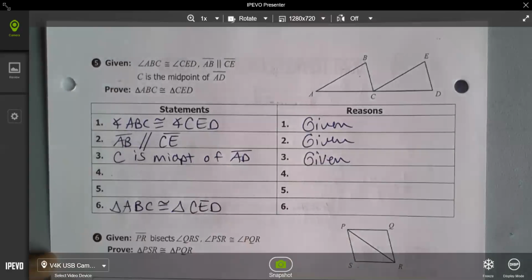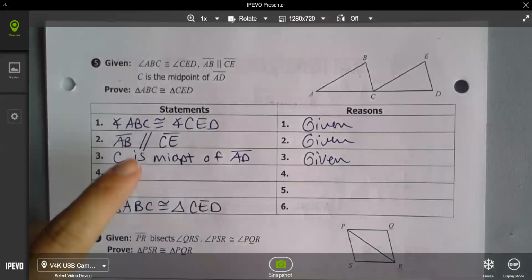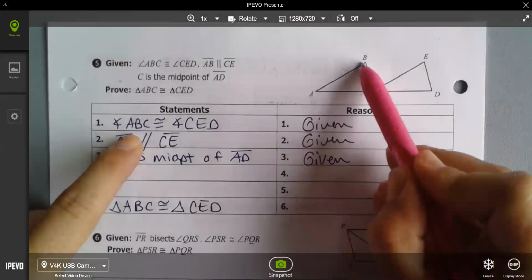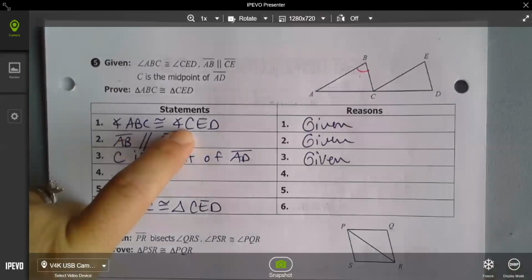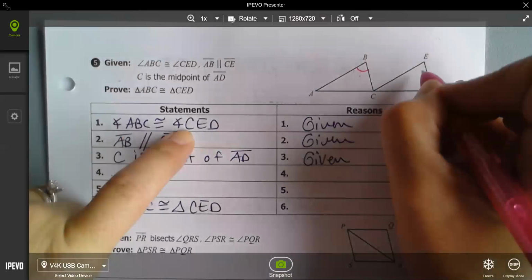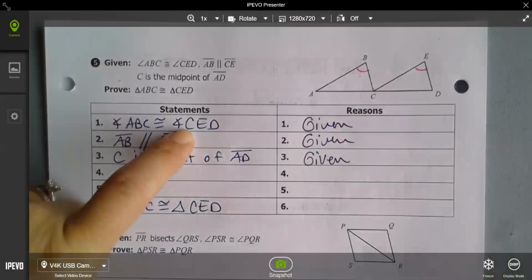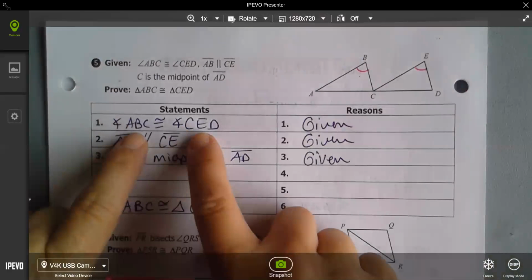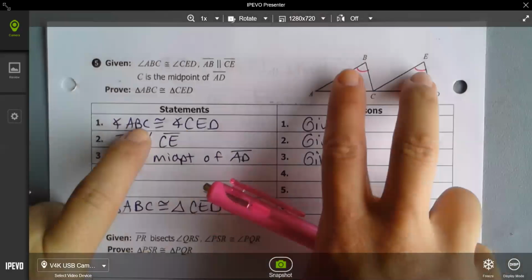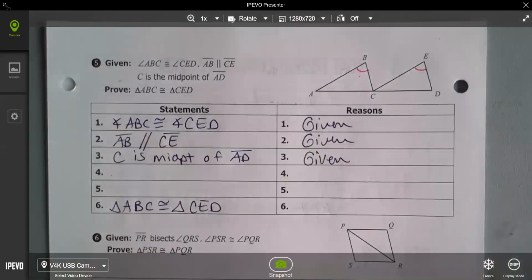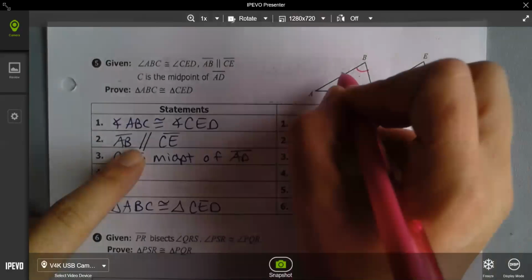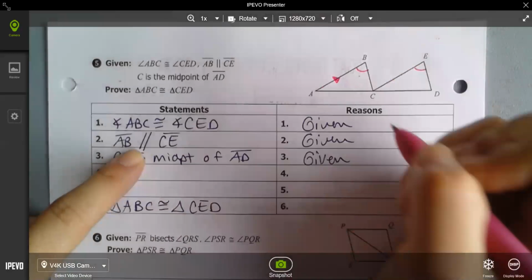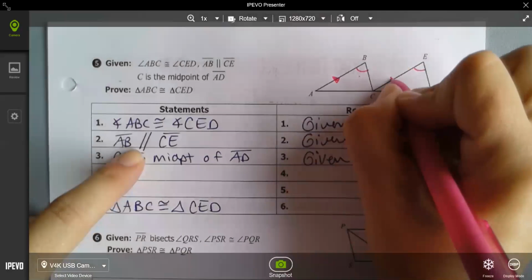All right, so let's mark all of our parts. Angle ABC, that one, is congruent to angle CED, that one. Remember, the middle letter is the angle, so angle B and angle E. It says that AB is parallel to CE.